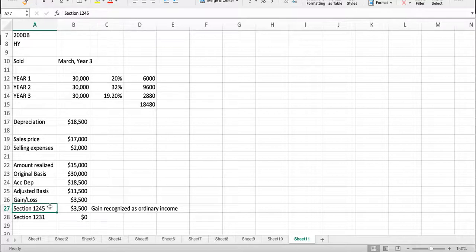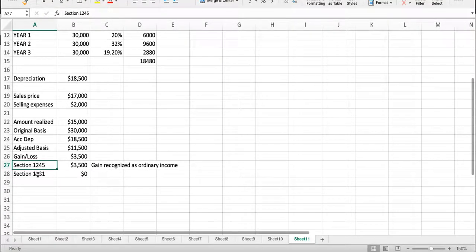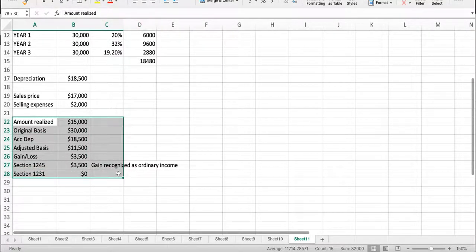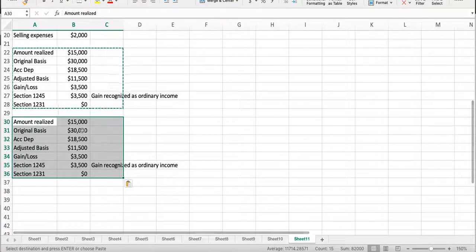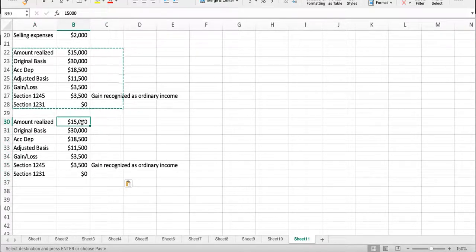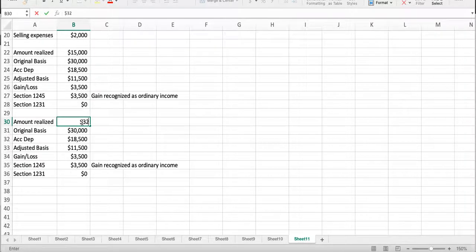Then it asks us what would happen instead if they sold it for $35,000 and incurred $3,000 of selling expenses. So I'm going to copy this, and I'm going to change this to, what did we say, 35 minus 3, so 32. And so now we have a gain of $20,500.